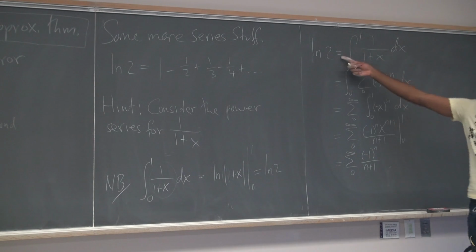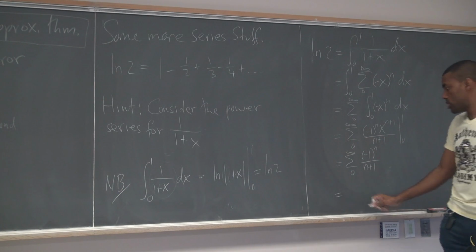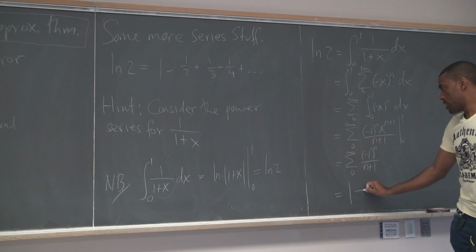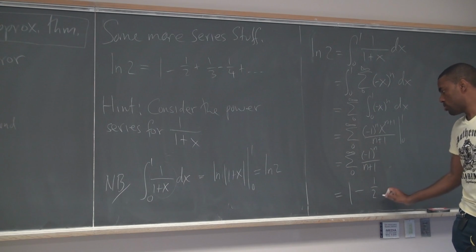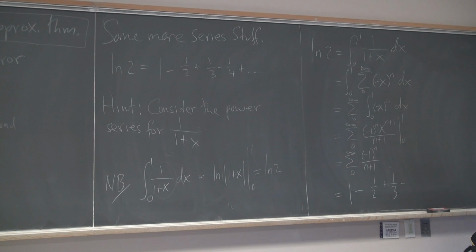So actually ln2 is this series, and if I start writing out the terms, if I plug in n equals 0, I will get 1. Plug in n equals 1, I get minus 1 over 2. Plug in n equals 2, I get 1 over 3. Plug in n equals 3, I get minus 1 over 4, etc.